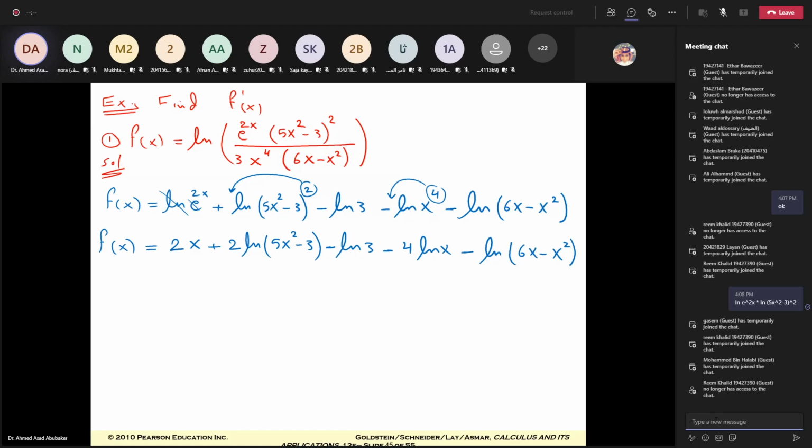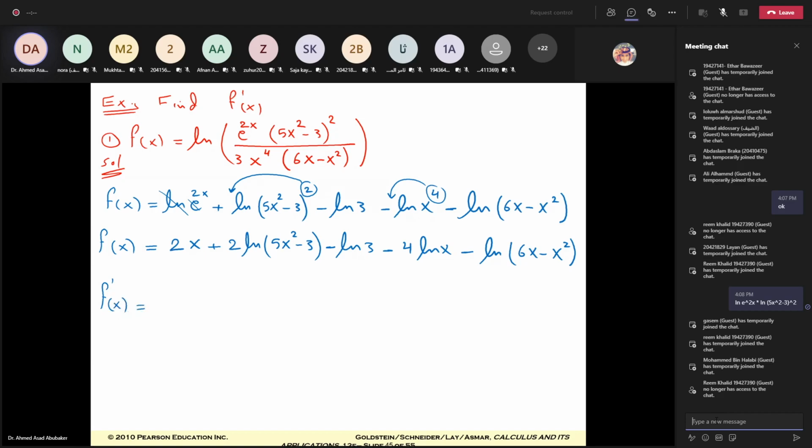So the first step is to distribute the ln. The second step is to put any exponent outside as multiplication of ln to simplify more. Now we can find the f prime.